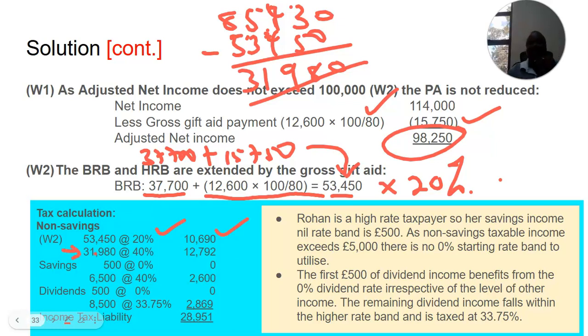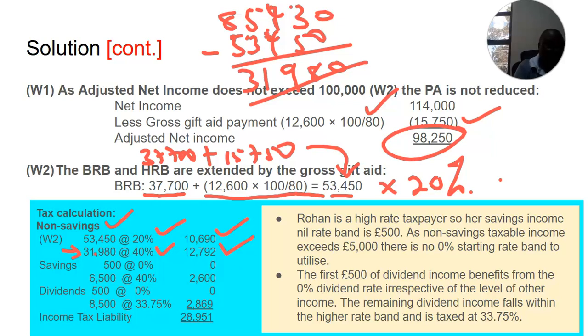That's the balance for the non-savings income, remember we are dealing with it first. Because we've already exhausted the basic rate band, we are now charging this balance at 40%, which is the higher rate, and we have to pay 12,000.